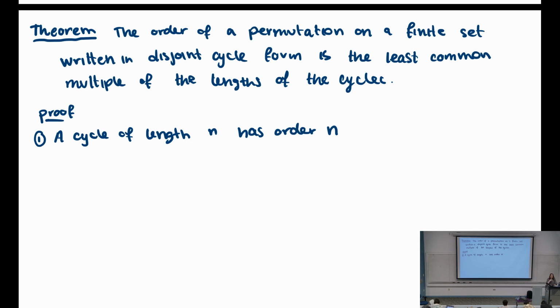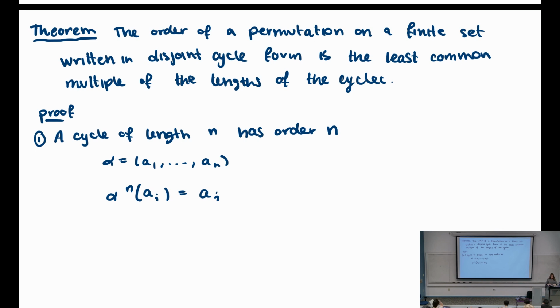Okay, so why does a cycle of length n have order n? Say we have a cycle, a1 to an. Let's say the cycle is alpha. For any arbitrary a_i, alpha to the n takes a_i to a_i again, because i plus n mod n is i.